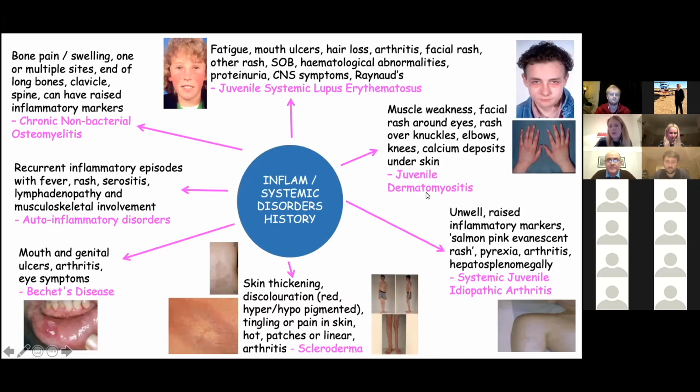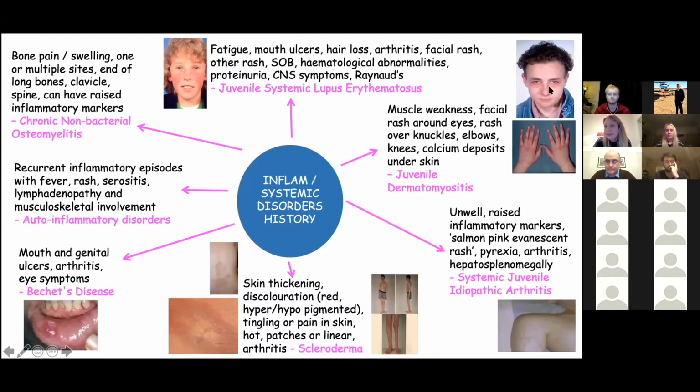Then juvenile dermatomyositis. So juvenile, under the age of 16, skin and muscle inflammation. And in these pictures, you can see some of the skin inflammation that you can get. So these red patches over the joints, and we call these Gottron's patches. You can also see, even with the naked eye here, that this person's got very red nail beds, and that's because of capillary dilatation around the fingers.